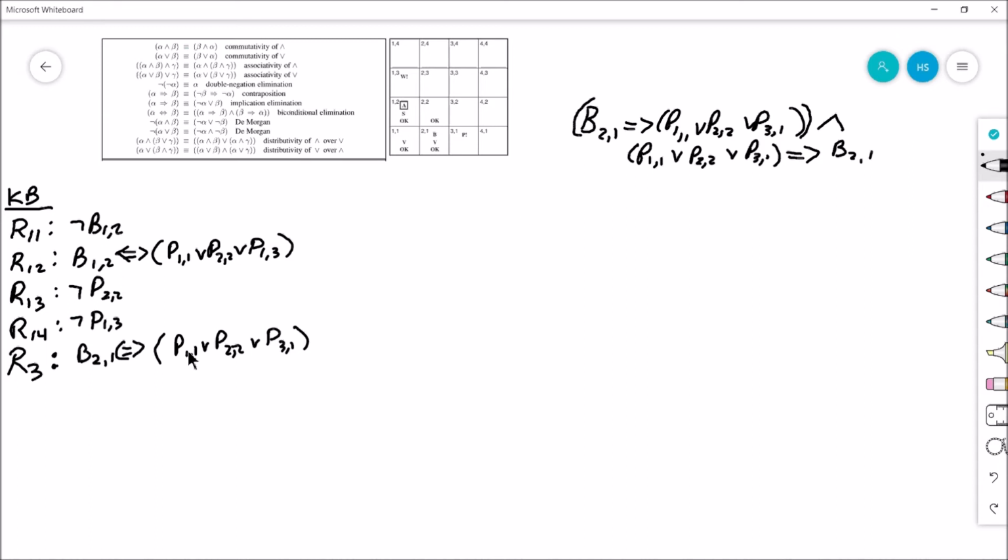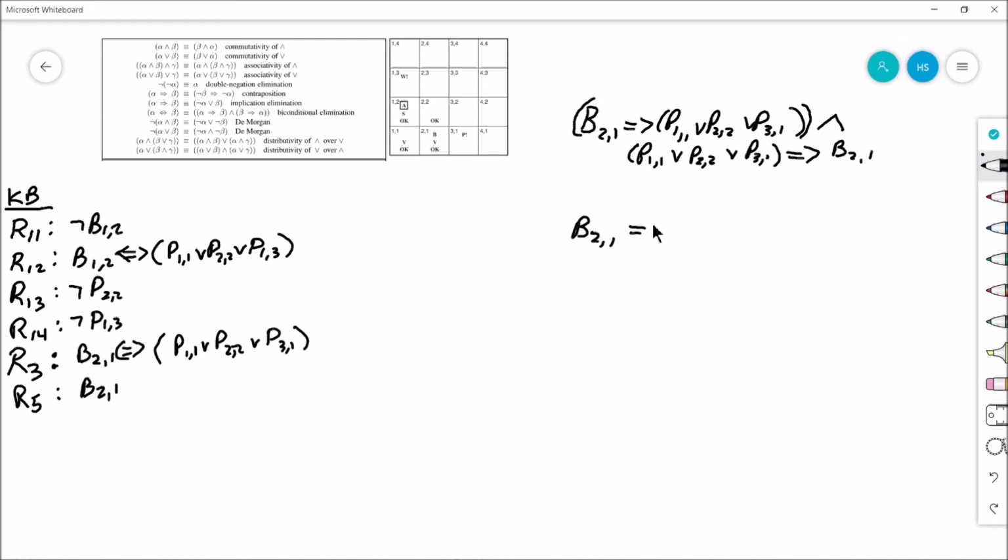using R5. Now what was R5? Let me put it here just to refresh your memory in our knowledge base. Breeze in 1. That was one of the sentences that we had. Okay, so if I take the new sentence here and I follow up with Modus Ponens and R5, then what I have is something that looks like this, right?